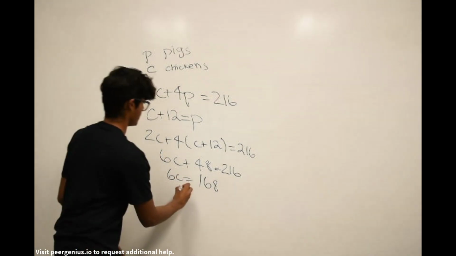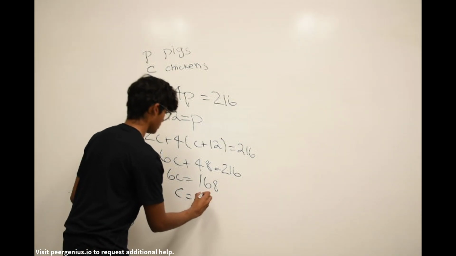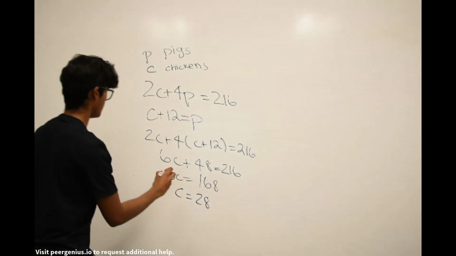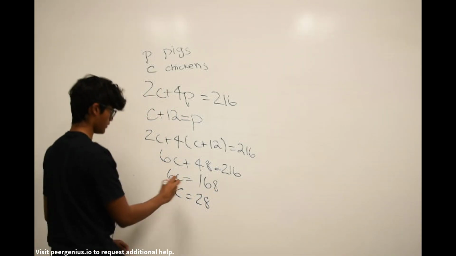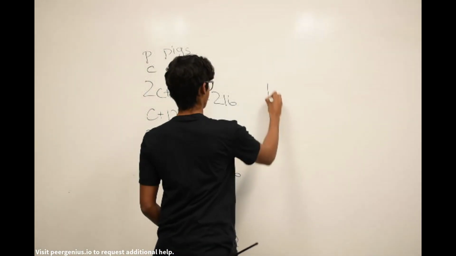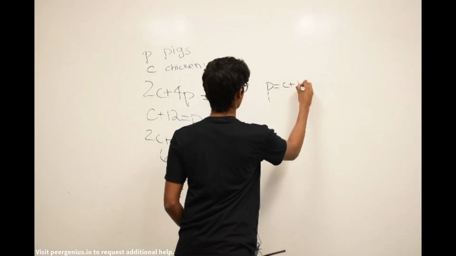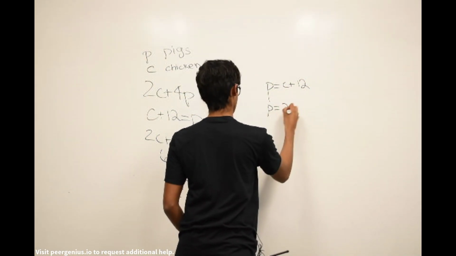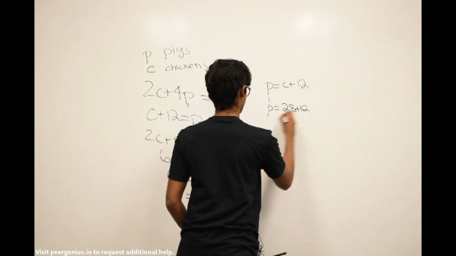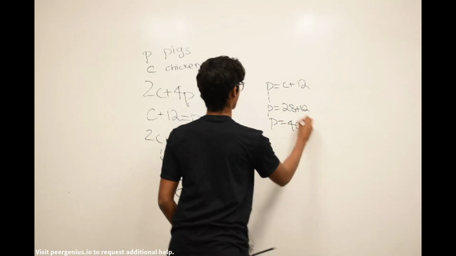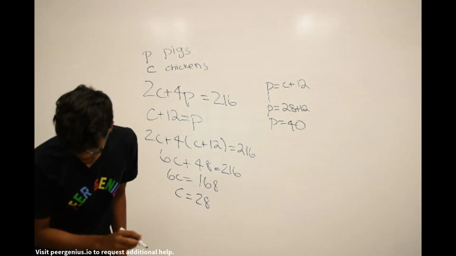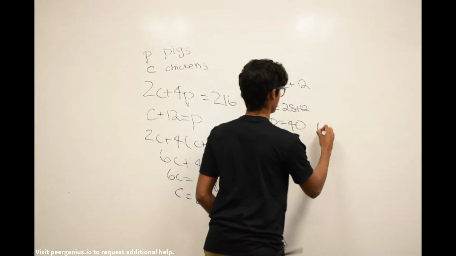So now C equals 28, and P equals C plus 12, so P equals 28 plus 12, and P equals 40. So P should be 40, which means the answer is D.